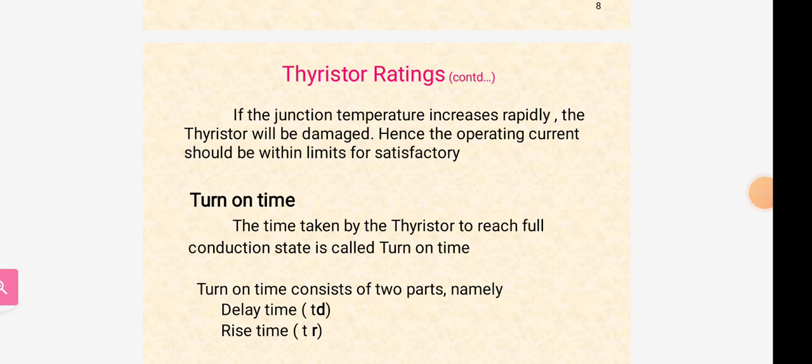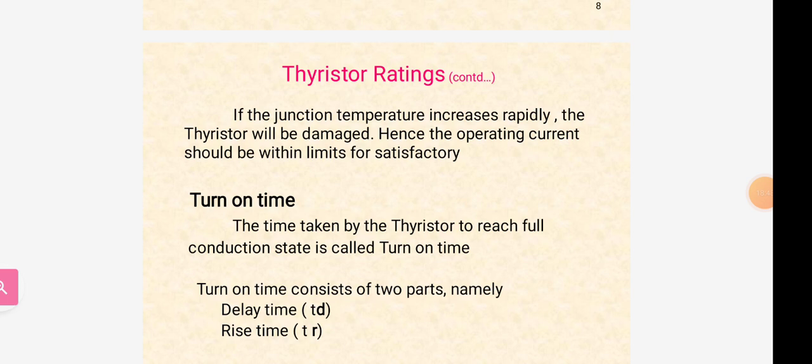If the rate of rise of anode current di by dt is large compared to the spreading velocity of carriers across the cathode junction, local hotspots will be formed near the gate connection on account of high current density. This causes the junction temperature to rise above the safe limit. Due to this, the thyristor may be damaged permanently. The typical value of di by dt rating lies between 20 to 800 ampere per microsecond.